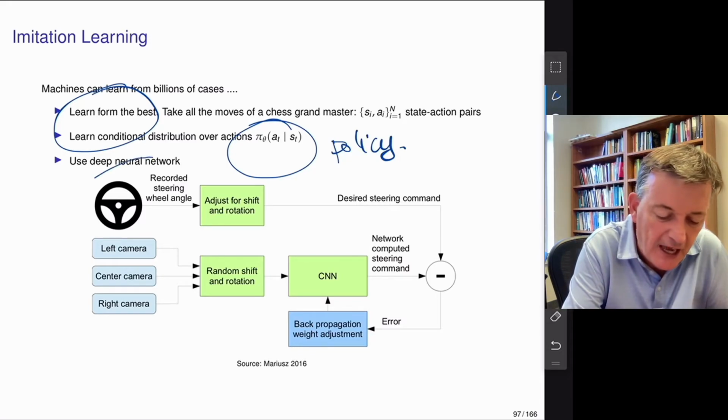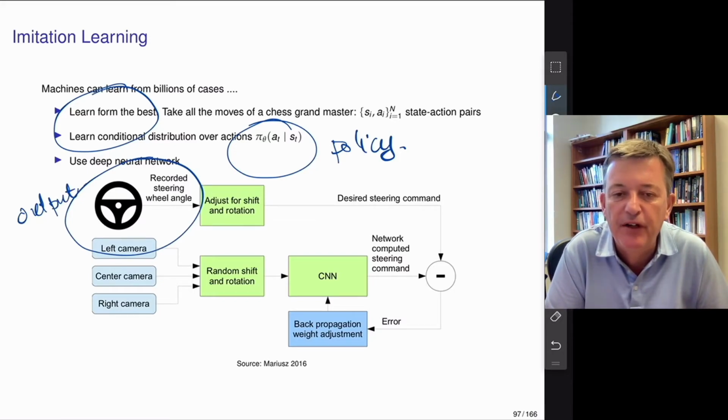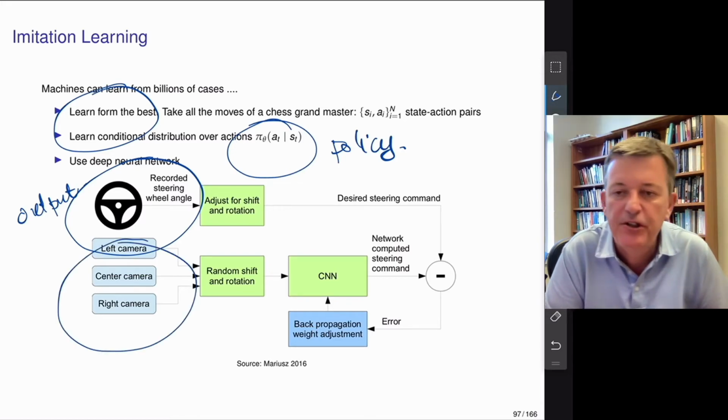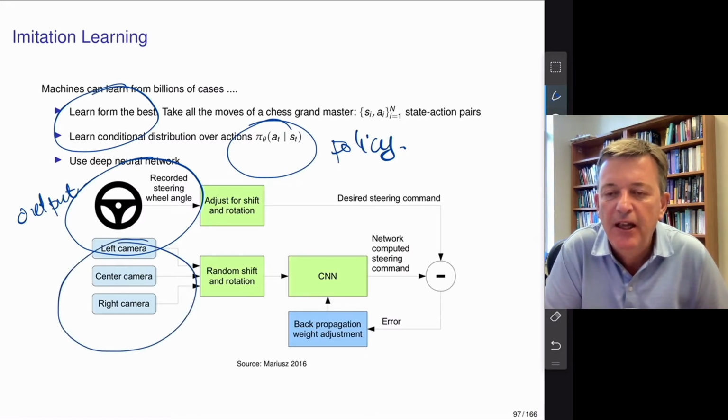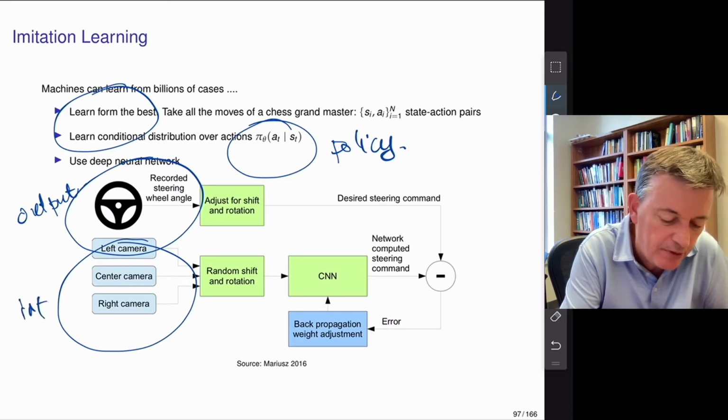Essentially, what's the output? The output in a driverless car is just what's the angle of the steering wheel and how fast you go. And what's the input? A whole bunch of cameras or a whole bunch of sensors. And people argue over whether you need LiDAR or not LiDAR to help you with depth and color. So there's an output, there's the input.